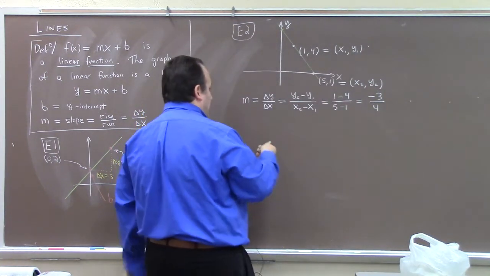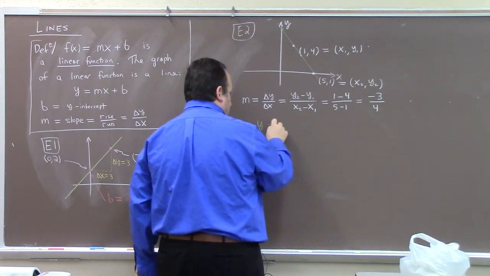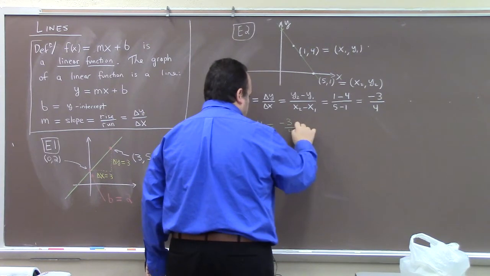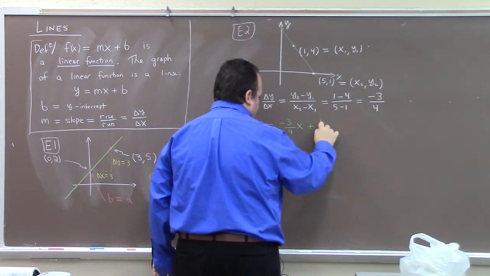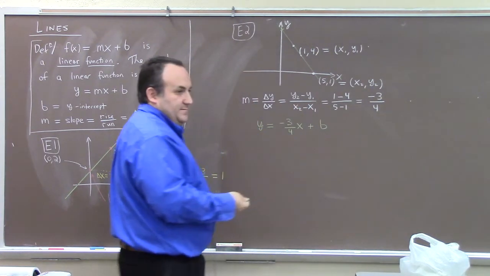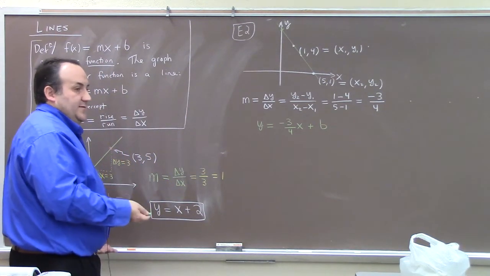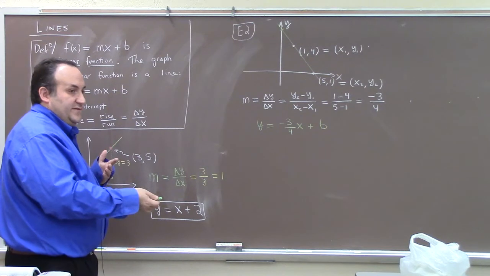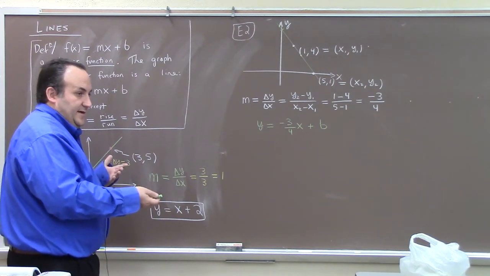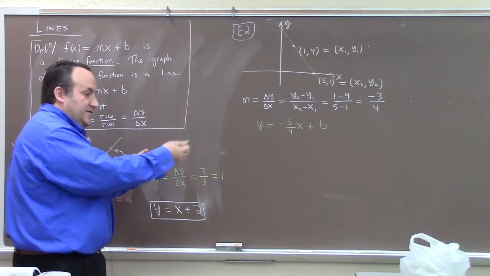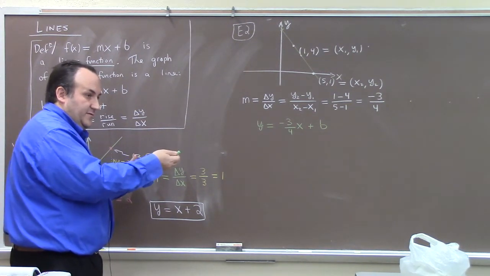So what we know at this point is that y is equal to minus 3/4 x plus b. But we don't know what b is. But what do we know? We do know that these 2 points are on the line, so when we plug them into the equation for the line, they have to be true.